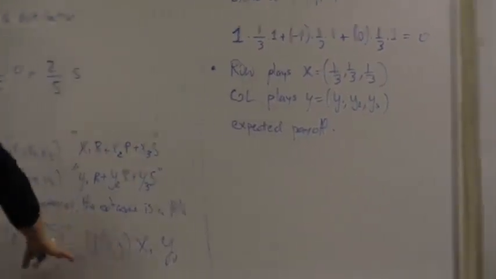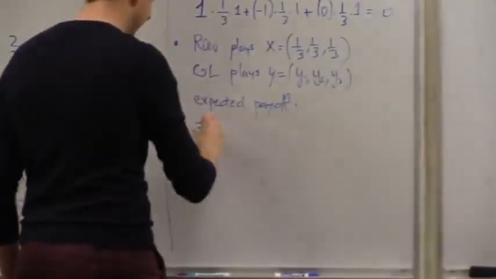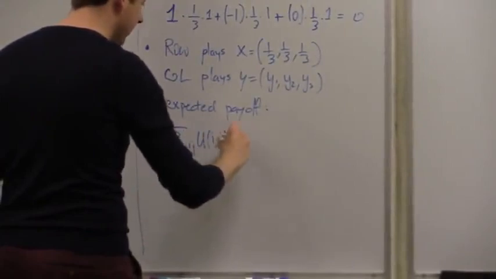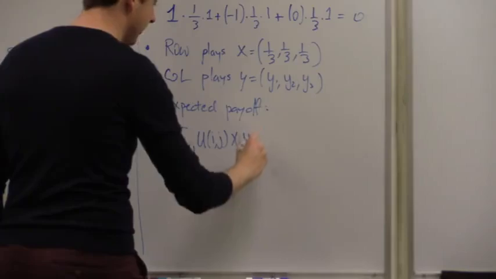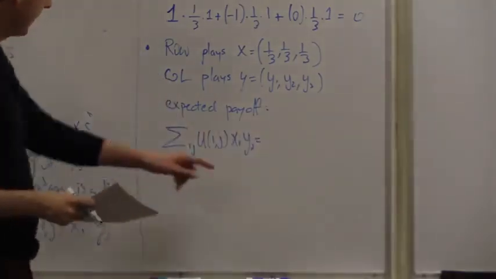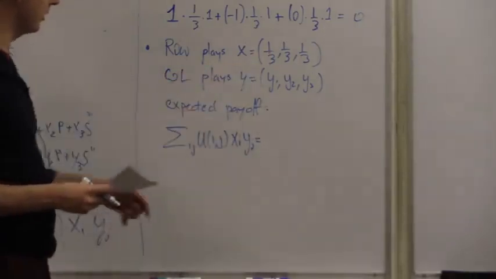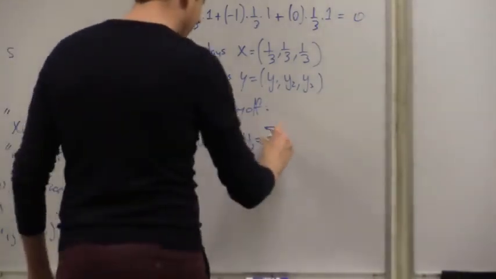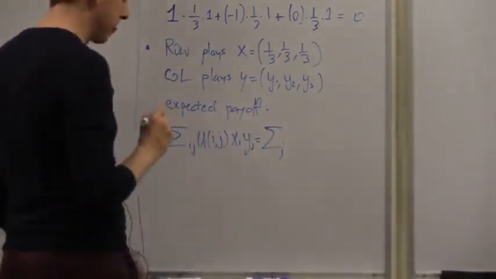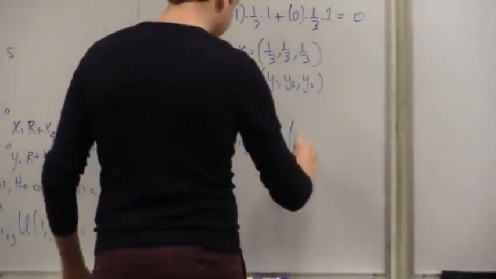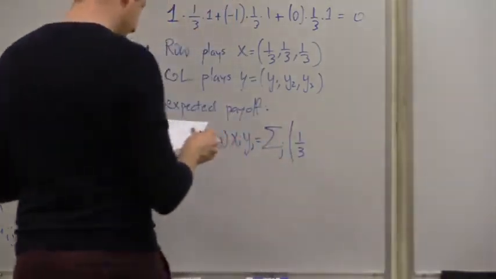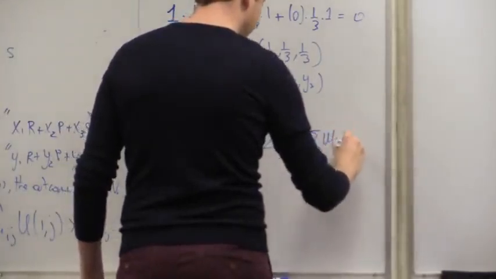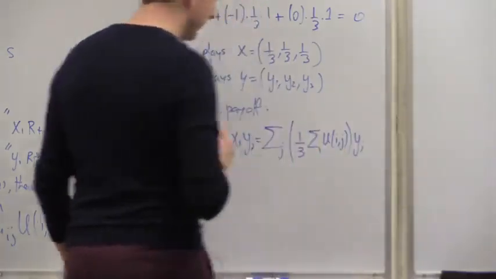So we need to compute this value, right? So let me rewrite it here. Sum over i,j of u_ij, x_i, y_j. Now notice that x_i is always a third, so I can rewrite this sum of 9 terms by first summing over j, then putting a third here. We have sum over j, then y_j, and then sum over i of u_ij.